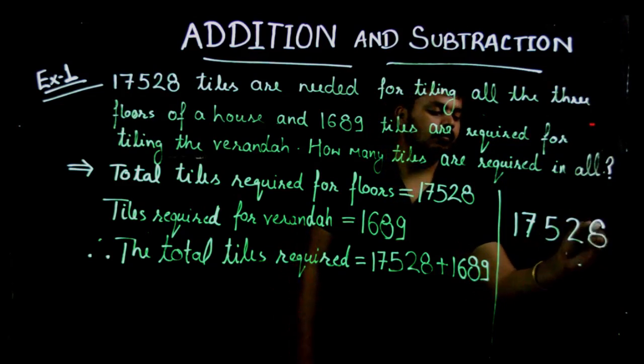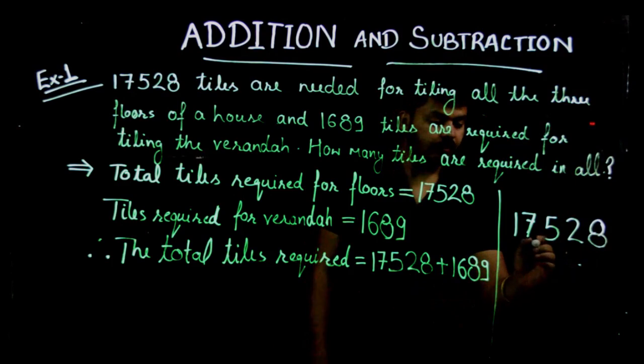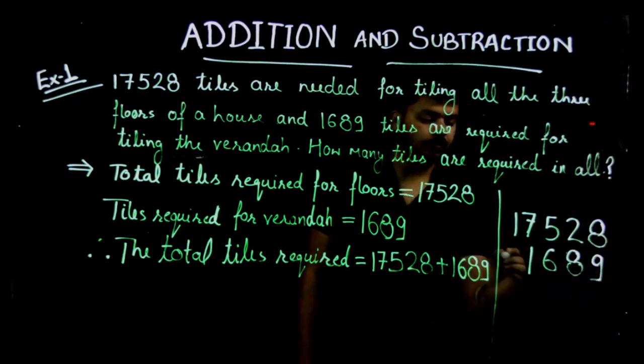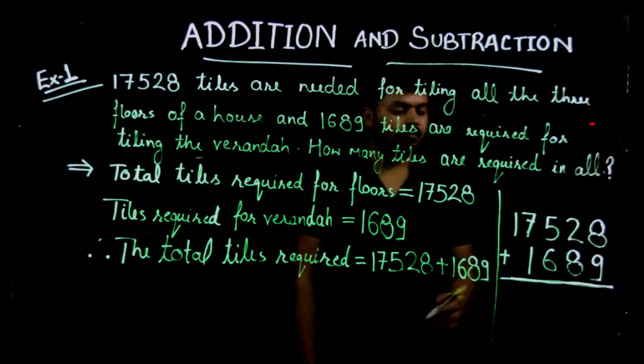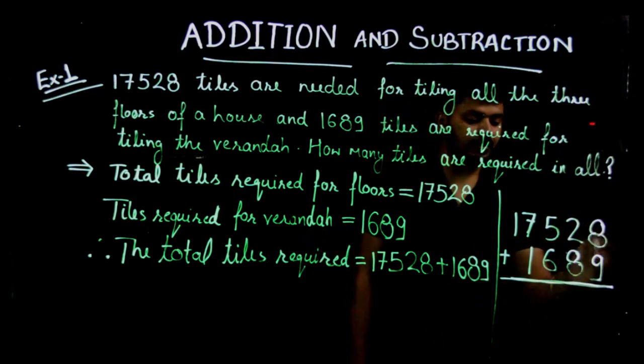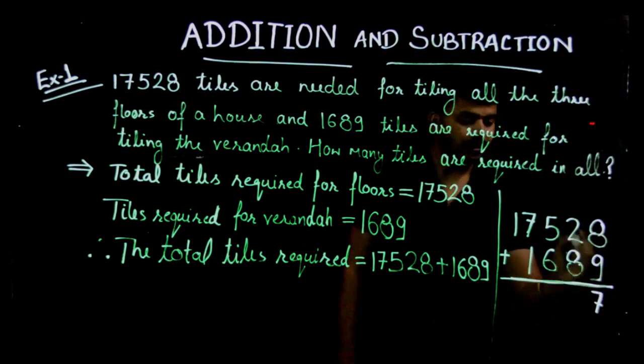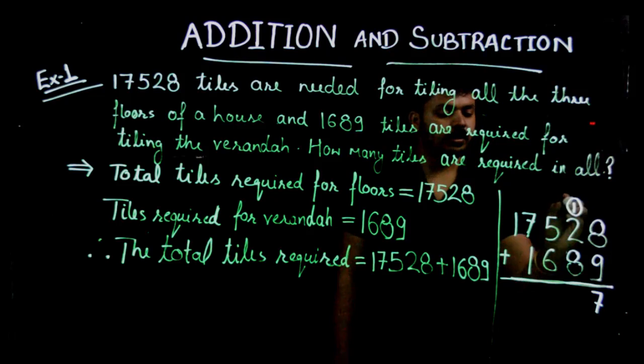17,528 and 1,689. So adding both the numbers, 8 plus 9 is 17. So 7 and 1 carried over.